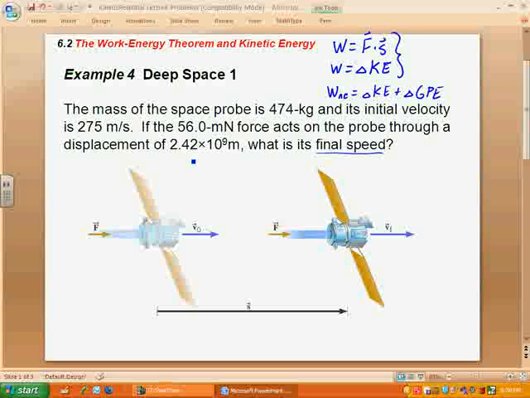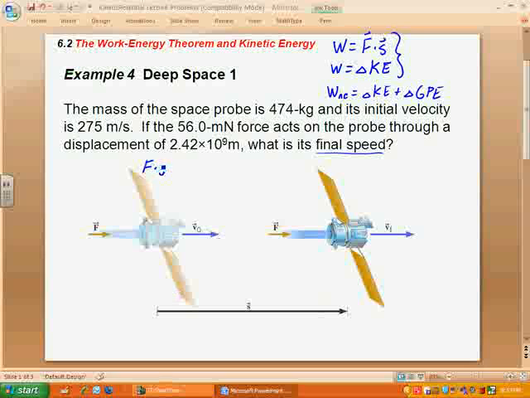But let's see if we can do it with our new knowledge of work and energy. We know that work is related to the force and the displacement, that's the first equation there. The force is directed to the right, and the motion is also in that direction, that's the direction of our displacement. So we can start off with force times displacement equal to the work.